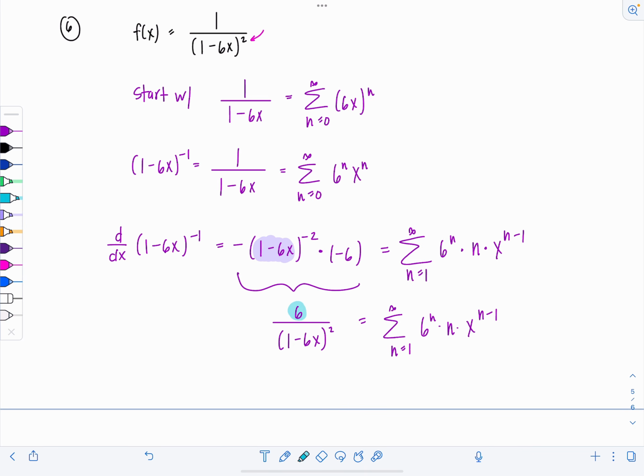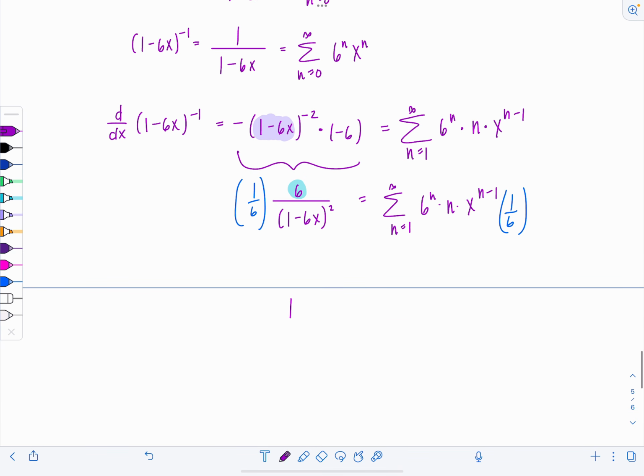Look at this 6. It need not be there. So how do we get rid of it? Very good. Multiply by 1/6. So then now, woohoo, we have 1 over 1 minus 6x squared, and this equals the sum.